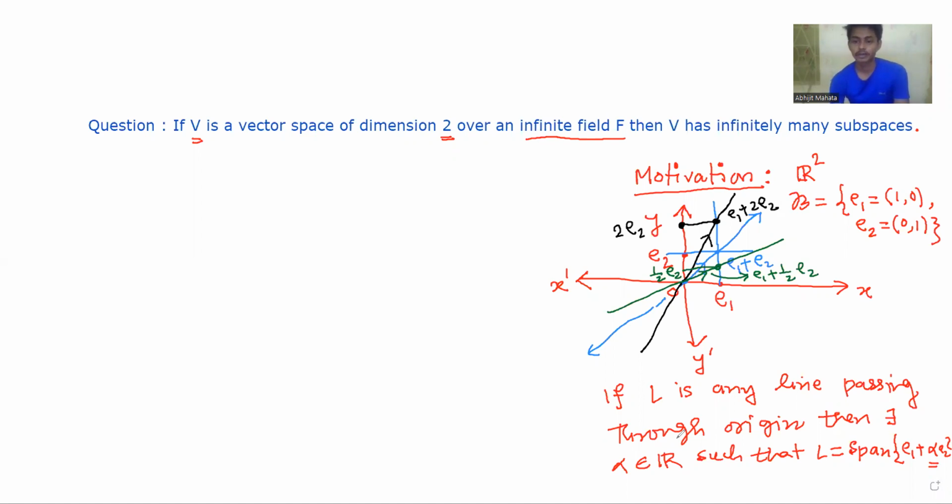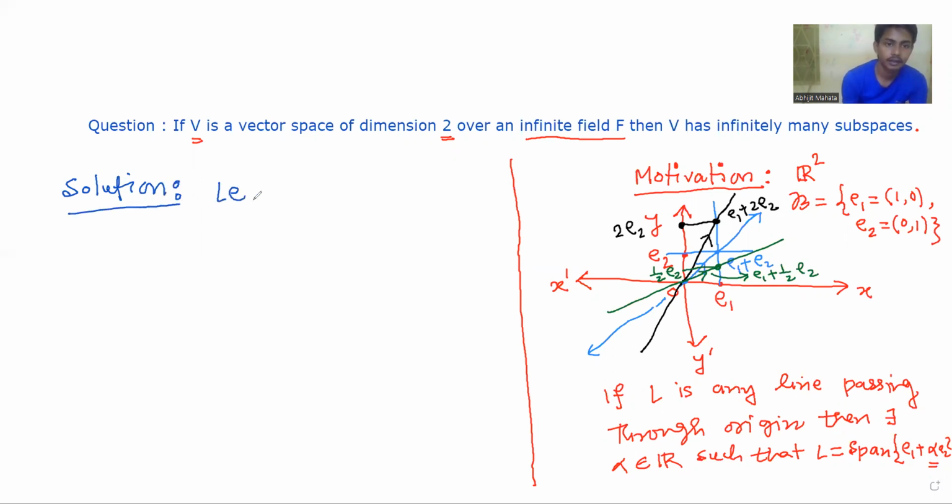Now this concept we will shift to an arbitrary vector space. How do we do this? This is the solution of the original problem.